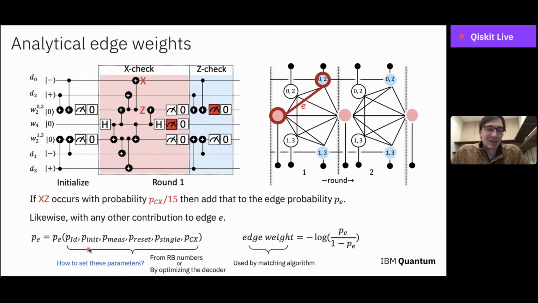So the question becomes, how do we set these parameters, the probabilities of various circuit components failing? You could do this from randomized benchmarking of the components, or you could do this by optimizing the decoding. So you tune each of these parameters until the decoder does as well as it can. Those are two strategies to set edge weights in the analytical method.